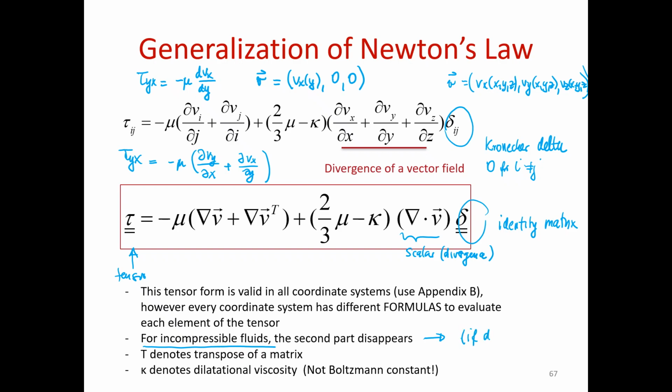If density is constant, then my incompressibility is basically divergence is 0, so I don't have a source or a sink. And this T is the matrix transpose. So this is just a shorthand notation. This one is easier to apply immediately.